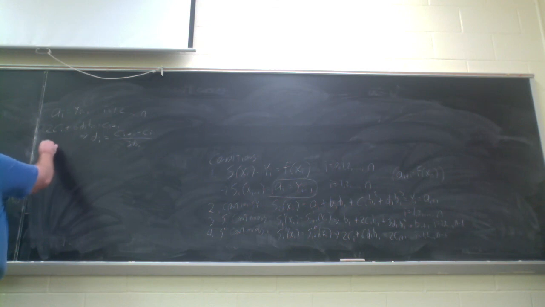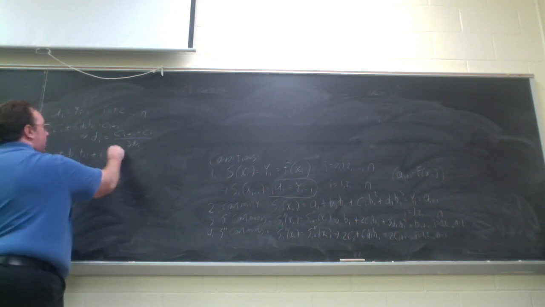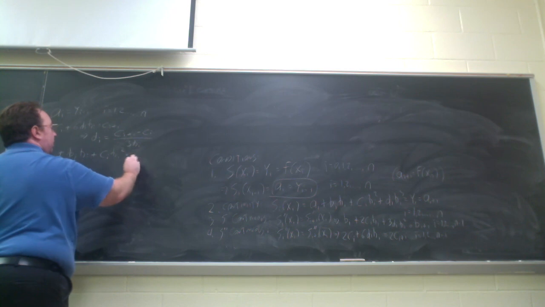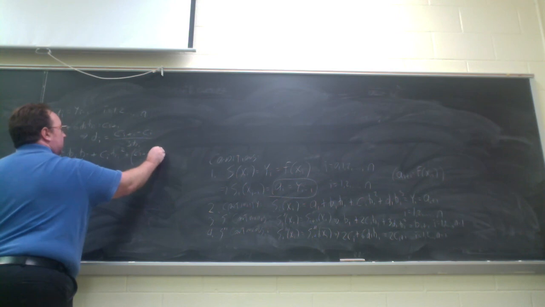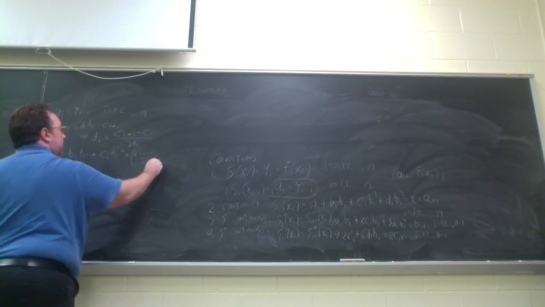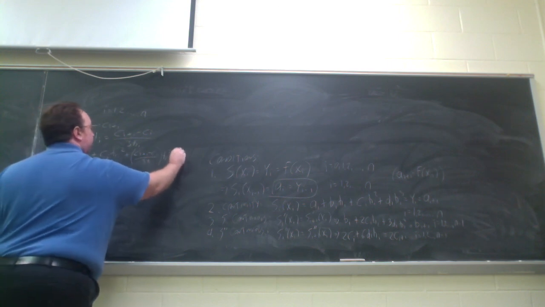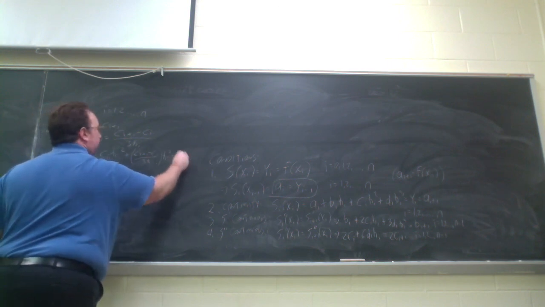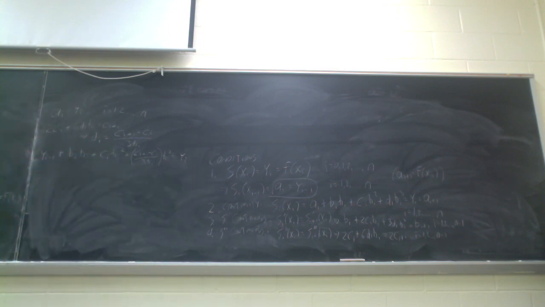So I have ai, which is really yi minus 1, plus bihi plus cihi squared plus, now I know what di is, equal to a is equal to yi, which is the same as ai plus 1.